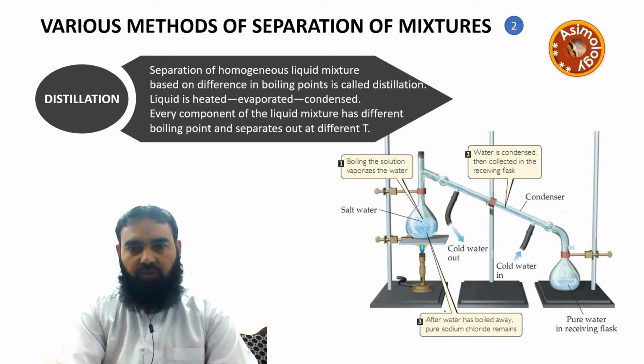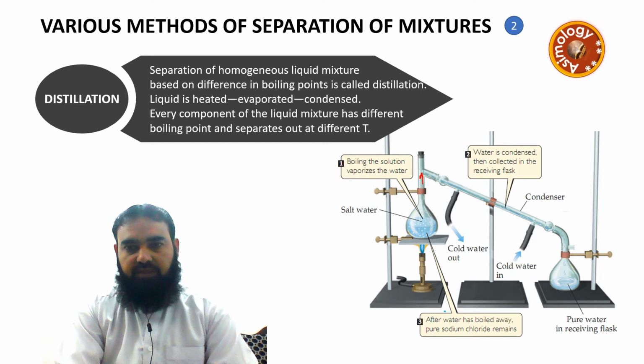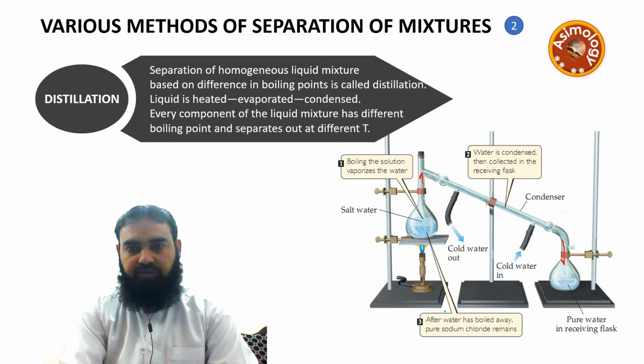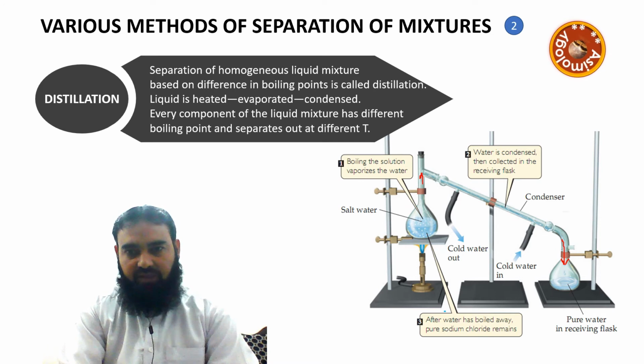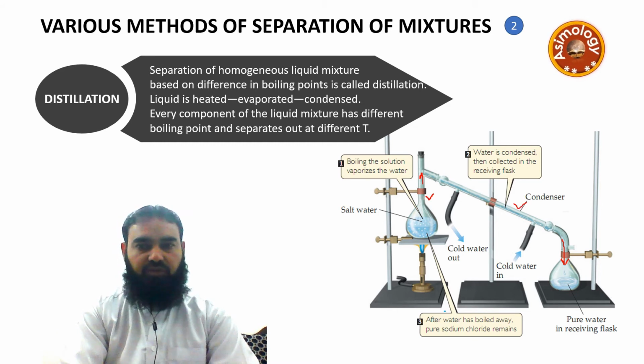So if you heat up this liquid, the water will evaporate, and when you condense these vapors by passing cold water around this condenser, the vapors will condense and you will get pure water again in liquid form. So in this process, first we evaporated the liquid, that is evaporation, and it was followed by condensation. So evaporation followed by condensation is called distillation.